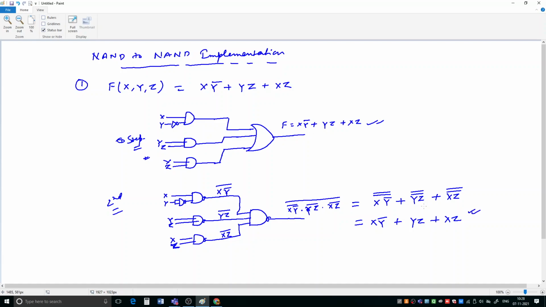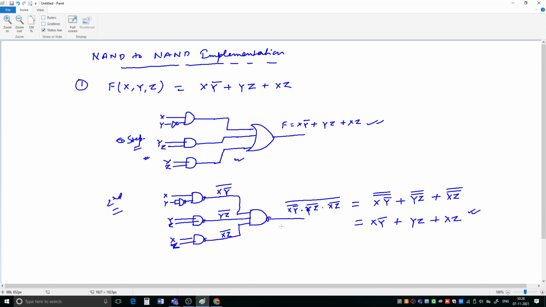So that proves that if you have to use NAND to NAND logic, then in the first step you can draw the circuit using the basic gates, meaning NOT, AND, or OR gates, whichever is applicable. And in the second step, you replace all the gates involved in this circuit with NAND gates.